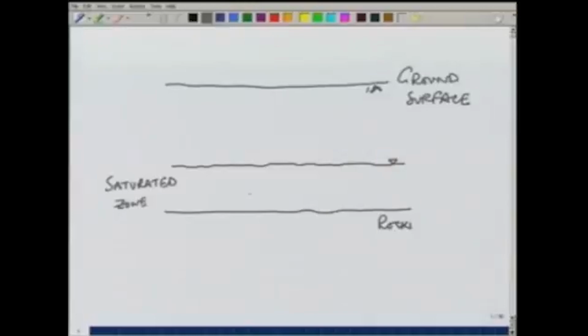And if we take a soil sample from inside this portion, the soil will consist of solid grains, and the remaining portion will be all filled with water.